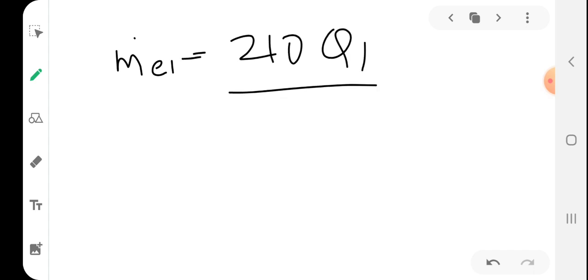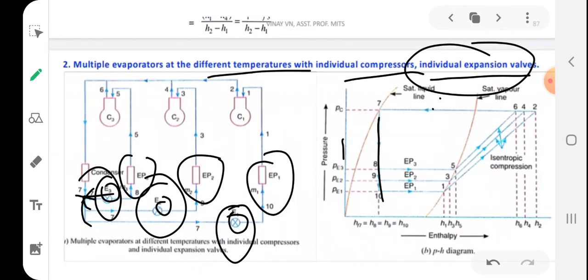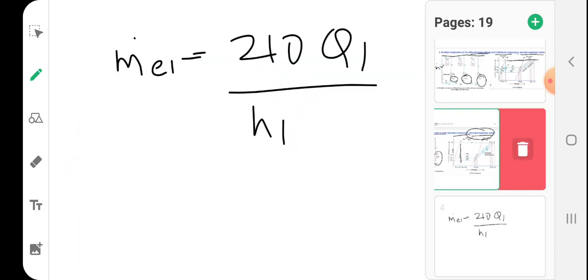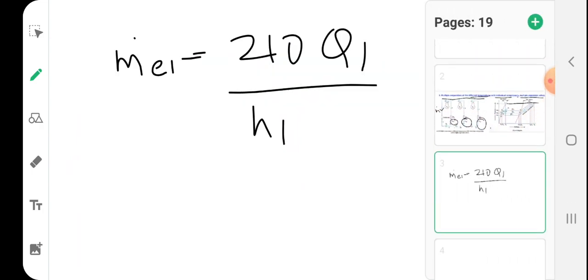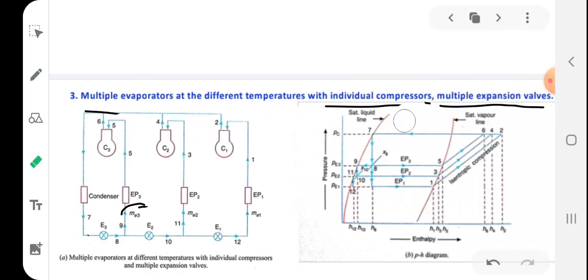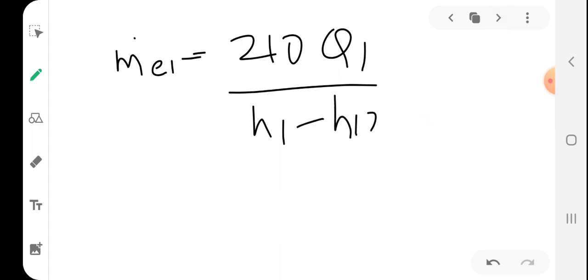Now, how to calculate? me1 dot can be found by using the equation: if Q1 is the heat load for the first evaporator, divided by H1 minus H12.